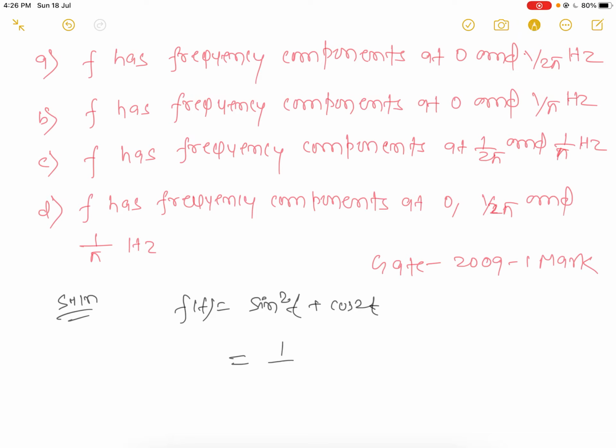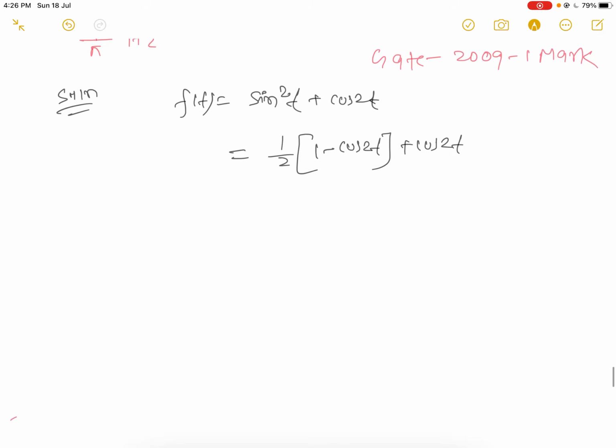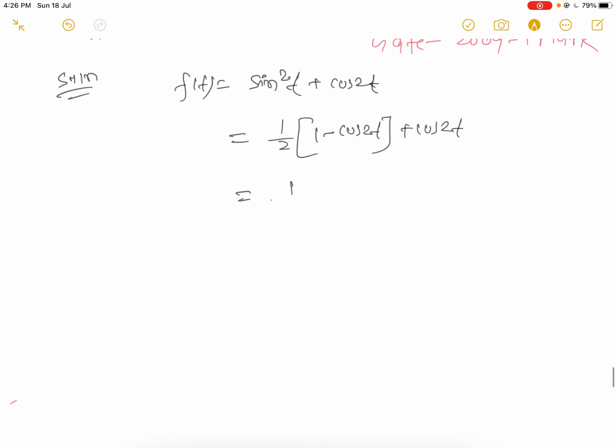We can write sin square t as 1 by 2 times (1 minus cos 2t), plus cos 2t. Then 1 by 2 minus 1 by 2 cos 2t plus cos 2t. So after simplification, 1/2 plus 1/2 cos 2t.